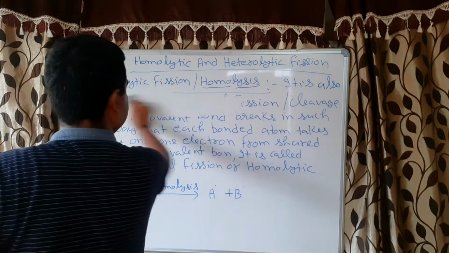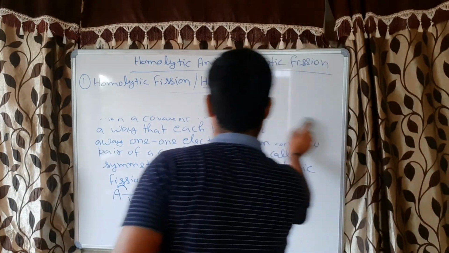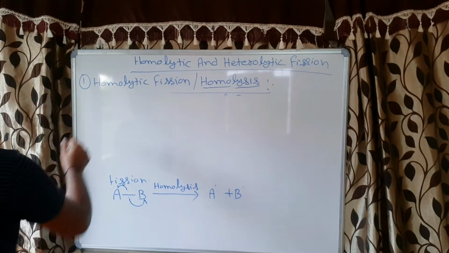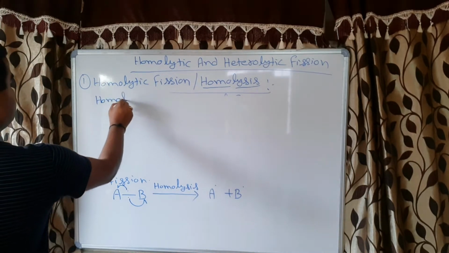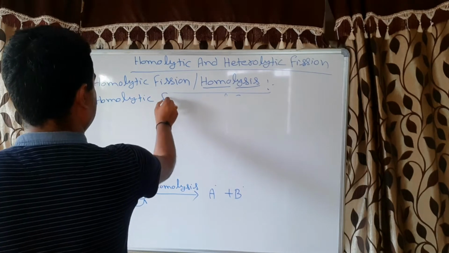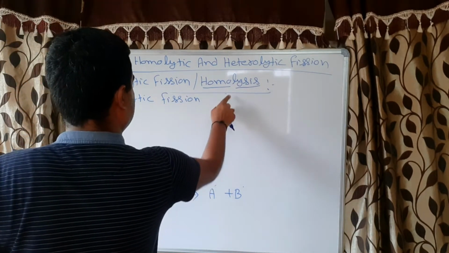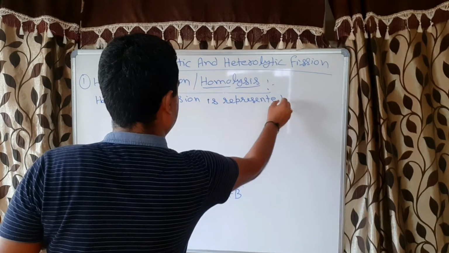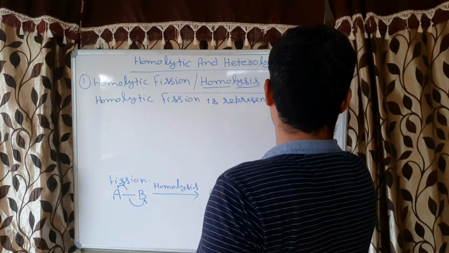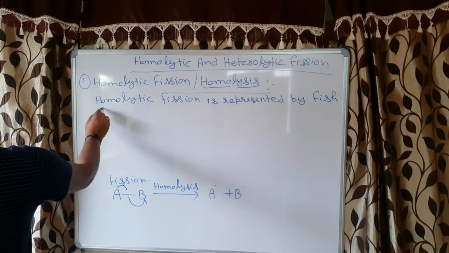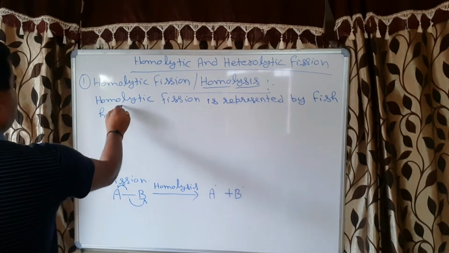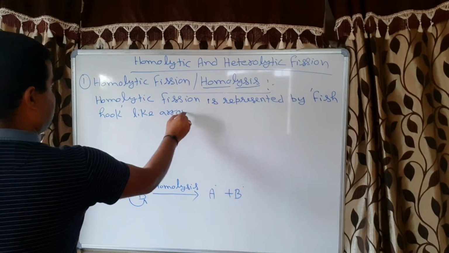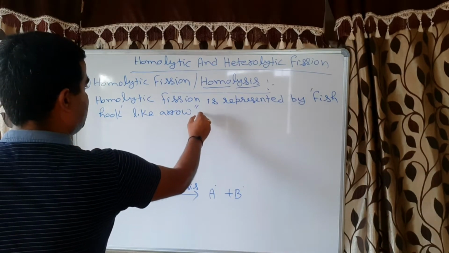So I will write here. Homolytic fission is represented by fish hook like arrow, and that arrow is, I will show you here, like this.